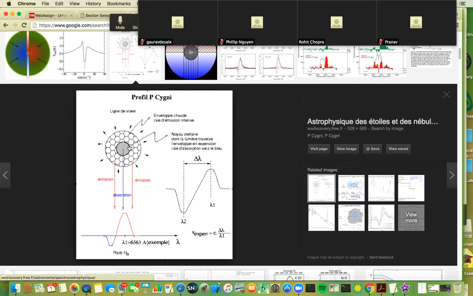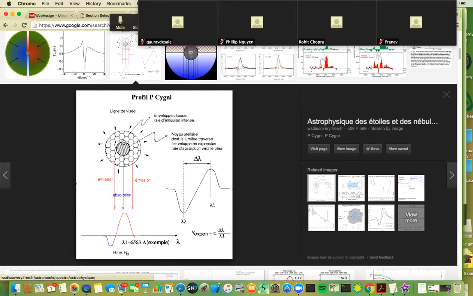Okay, so here is a star, and then you have an envelope. This envelope is not the stellar atmosphere. It's something that's above the atmosphere. In this example, this is not an example of a Herbig star.